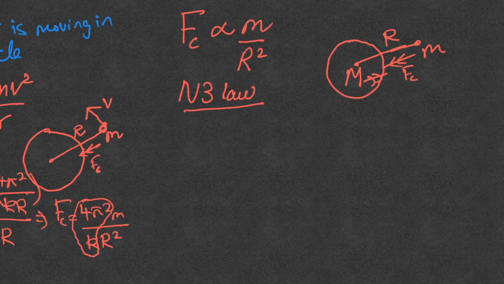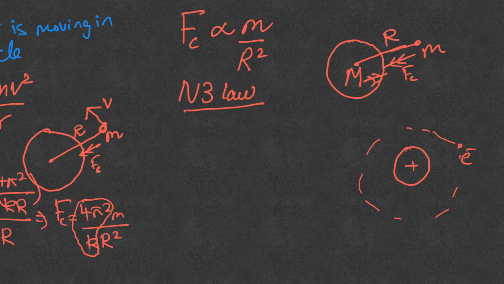You can use this example anywhere. Let me give an example. Let's talk of the nucleus. The nucleus is positively charged, and you have an electron which is revolving around the nucleus. Now, both the electron and the nucleus, they're both getting attracted to each other. But why is it the electron spinning and why isn't the nucleus spinning?